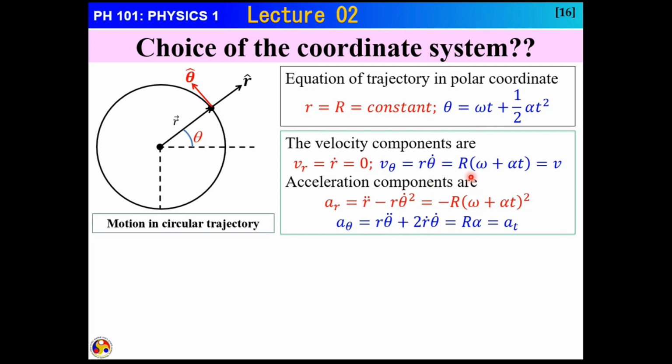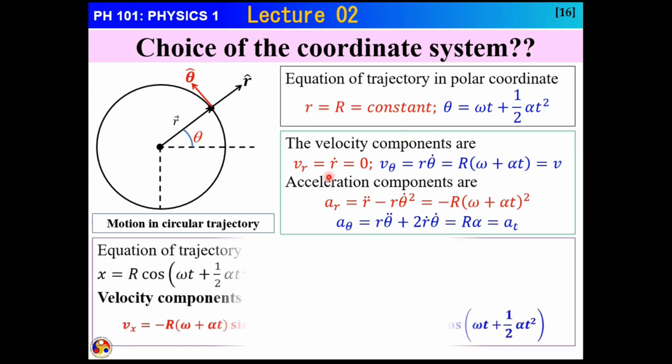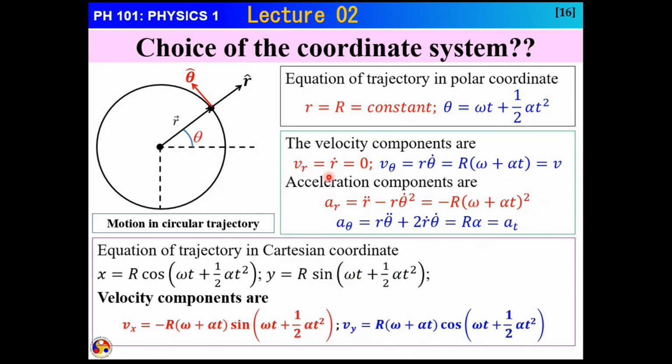So the velocity component for the circular motion, if r dot is 0, you will be able to calculate, and then acceleration also you'll be able to calculate like this. The equation of trajectory in the Cartesian coordinate system, you have to write with two parameters, and then there will be two velocity components.